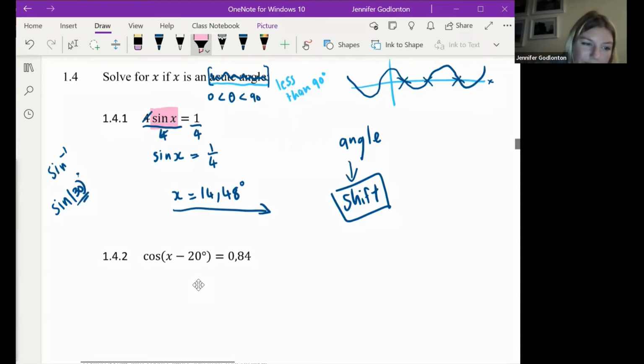1.4.2. What you're trying to isolate is this, and it is already isolated. So half of the hard work has been done for you. Now let's see if you remember where you go from here. Ah, finally, I'm seeing some degrees.